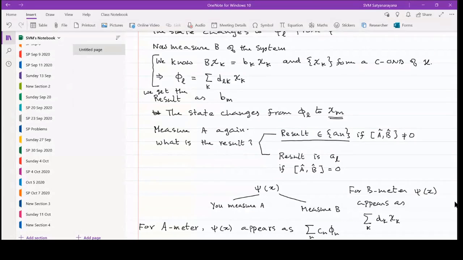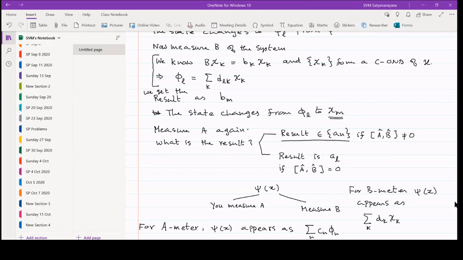So whichever apparatus you use, psi of x will appear differently. Essentially, the state gets resolved into the corresponding eigenstates, and that leads to the appearance of one of the eigenvalues for A and for B.